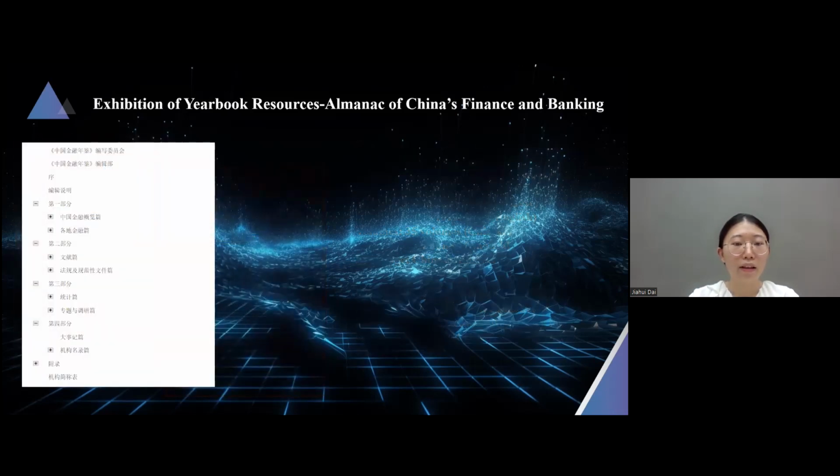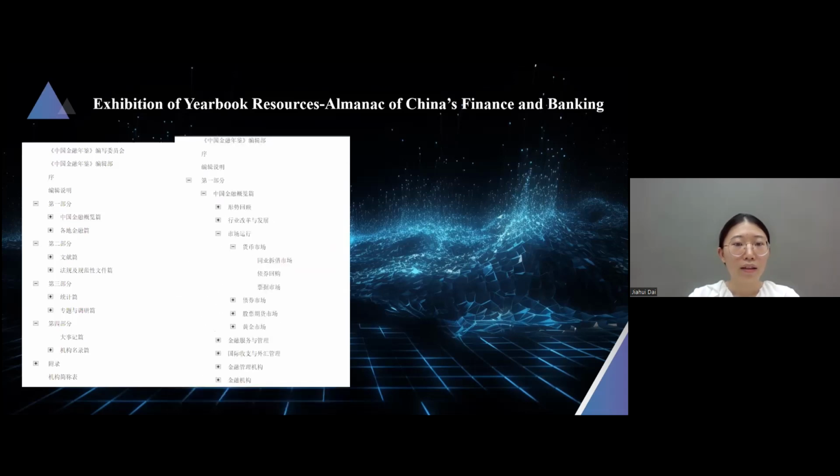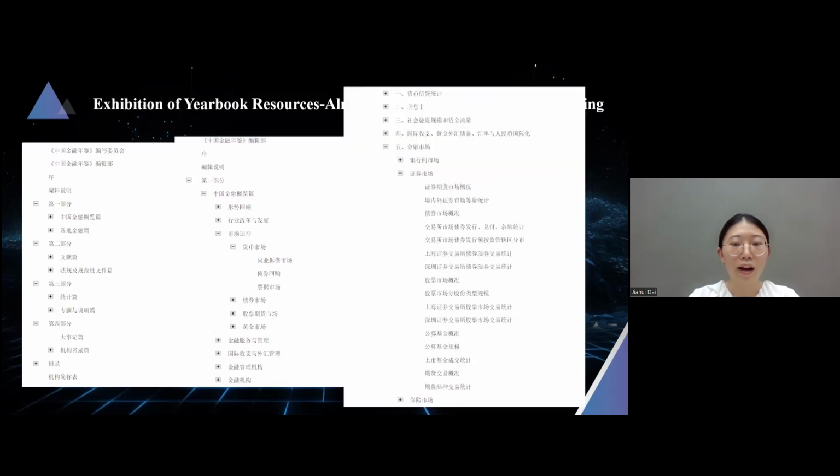It objectively reflects difficulty and focus issues in the reform and the development of the financial industry during the year, and collects important events, documents, laws, and regulations, and statistical data during the year. The statistical data cover monetary and credit statistics, interest rates, and trading statistics of securities, stocks, public offering of funds, and futures of the securities market.